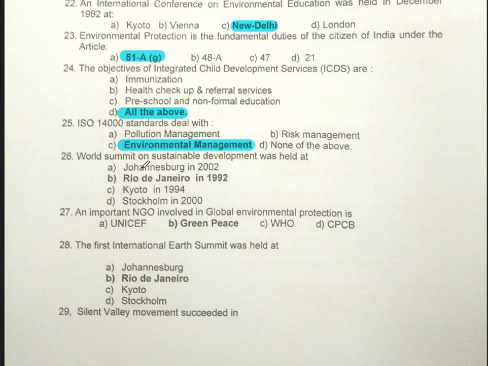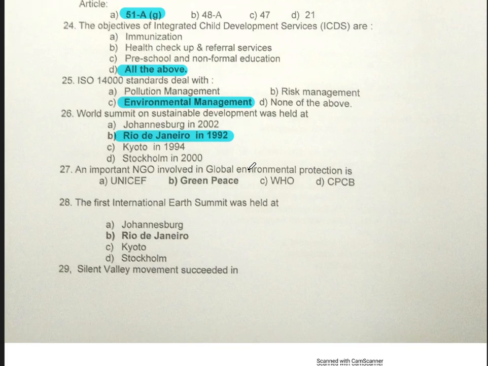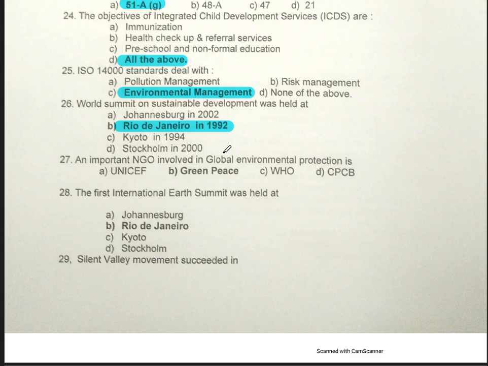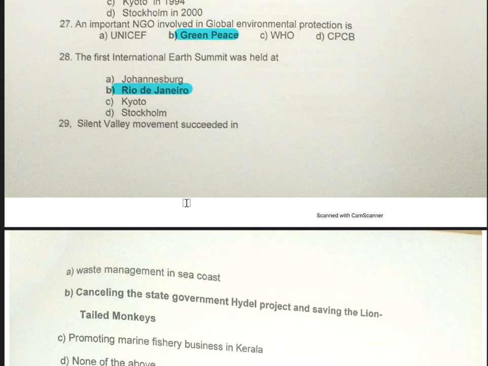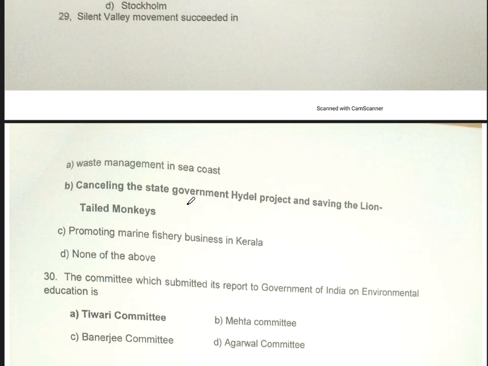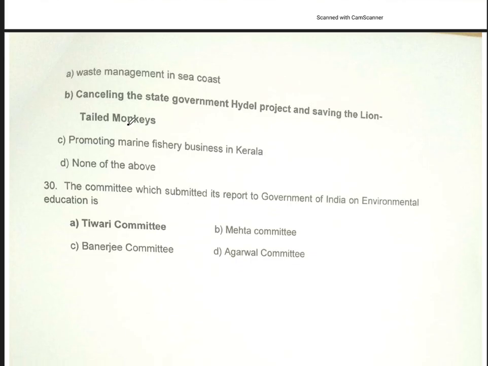The World Summit on Sustainable Development was held at Rio de Janeiro in 1992. An important NGO involved in global environmental protection is Greenpeace. The first International Earth Summit was also held at the same place, Rio de Janeiro. The Silent Valley movement succeeded in the cancellation of the state government hydel project and saving the lion-tailed monkeys.